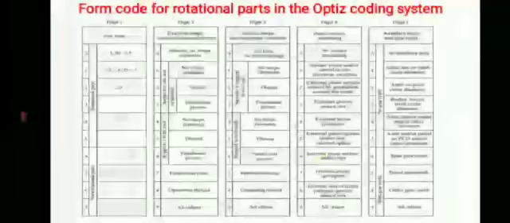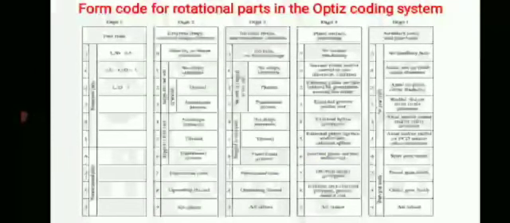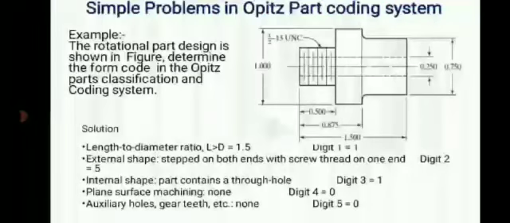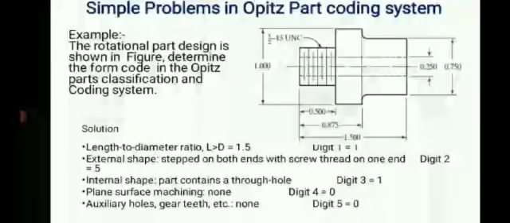Okay. We have derived all the 5 codes. Based on this procedure, we have to derive the form code for this product, so that we can get the values here. Finally, we have to assemble those values to form an OPTIS form code.